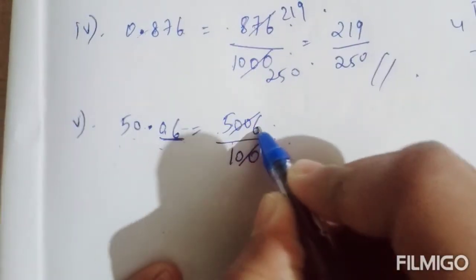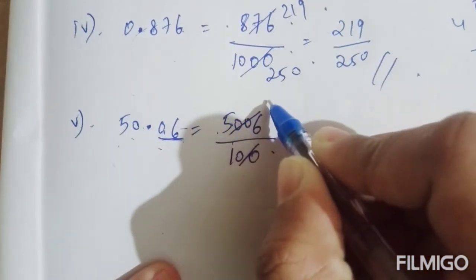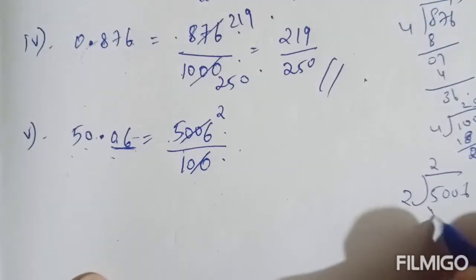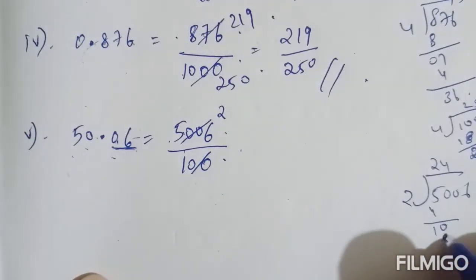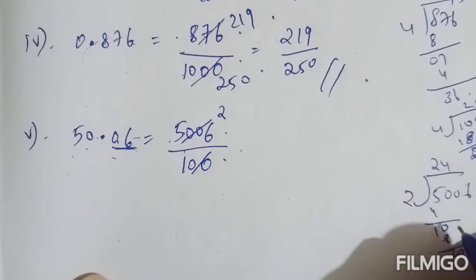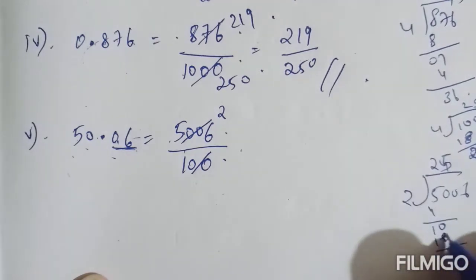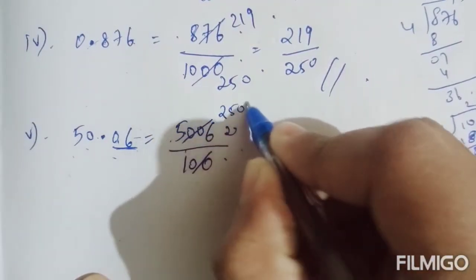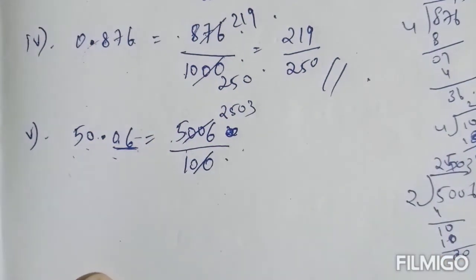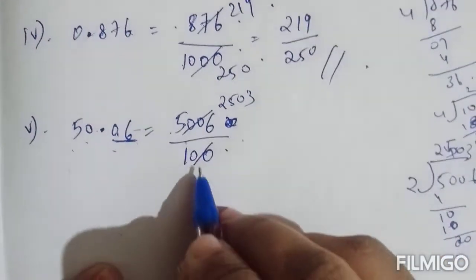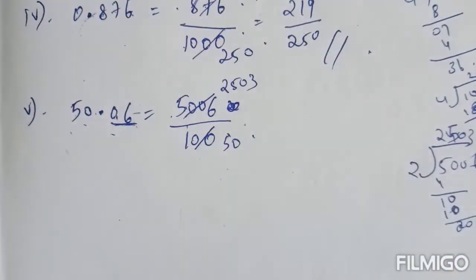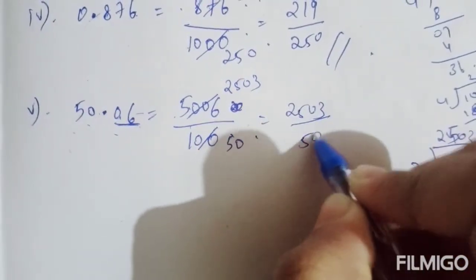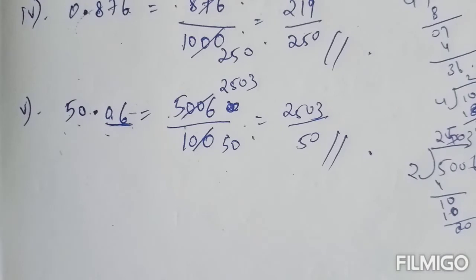What will you get? 5006 divided by 2 is 2503. And 100 divided by 2 is 50. So 2503 by 50. This will be the fraction in lowest term.